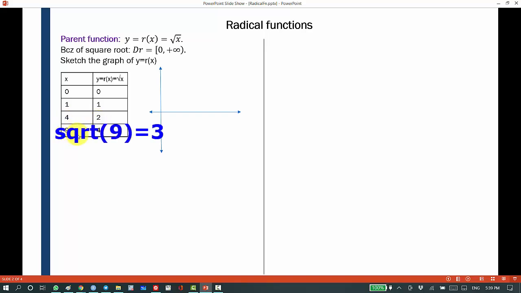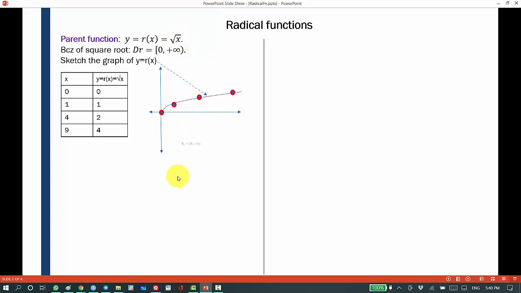If x is 9, square root is 3. Putting these values on the xy coordinates, this is 0 and 0, 1 and 1, 4 and 2, and 9 and 3. Connecting the points, we get the graph of y equals r of x, which is the square root of x.